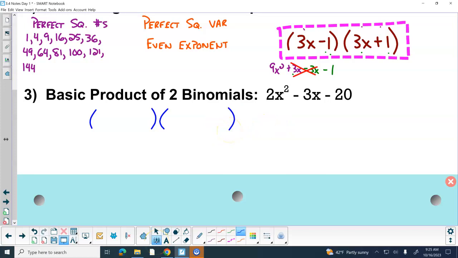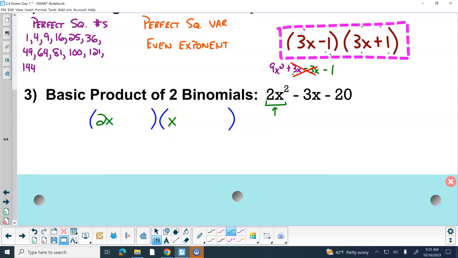What 2 things multiply together to give me 2x squared? 1 and 2 would multiply together to give me 2, not 2x squared. 1x times 2x would multiply to give me 2x squared, right? Okay? So, that's the easy one to start with, especially if that's a nice prime number. I'm going to go 2x, and I'm going to go x.